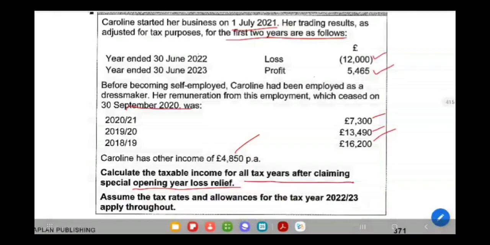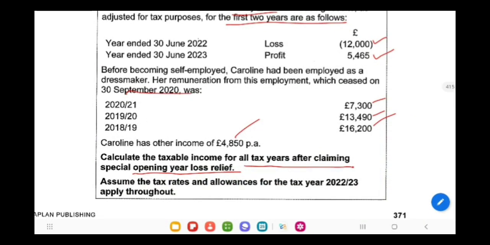So now we have to record the income mentioned in this question from the year 18-19 onwards. So it is 18-19, 19-20, 20-21, 21-22 and so on.